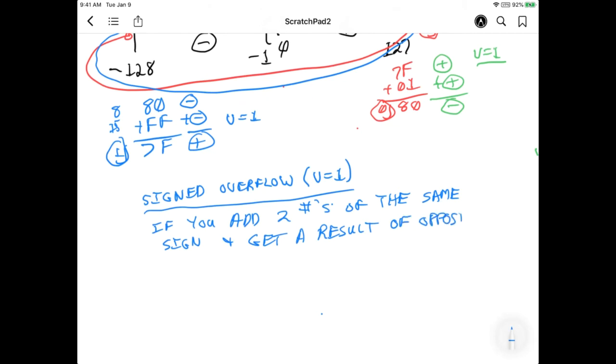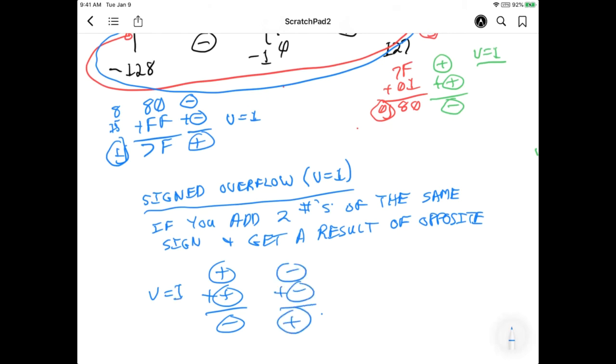And so what that means, if we want to draw it a little bit graphically here, a positive plus a positive giving a negative, V is 1. Also a negative plus negative giving a positive, V is 1. And so any calculations that do this cause a signed overflow.